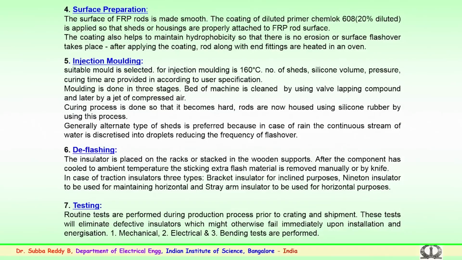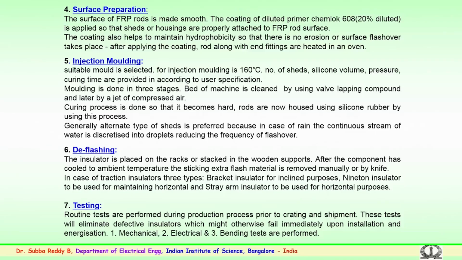Further, for surface preparation, the surface of the fiberglass rod is to be made very smooth, and the surface is coated using a diluted primer, a commercially available one being Chemlock, which is applied to the sheds or housing so they are properly attached to the fiberglass rod.